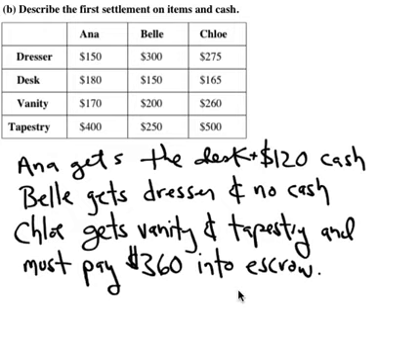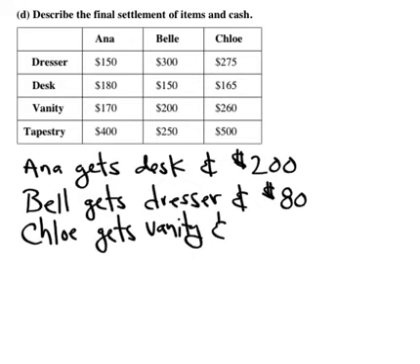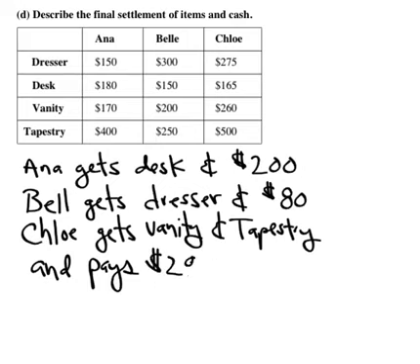So instead of paying $360, Chloe's going to pay $280. This will lead to a balance of 0 with no surplus. Everyone gets their fair share according to the way they bid.